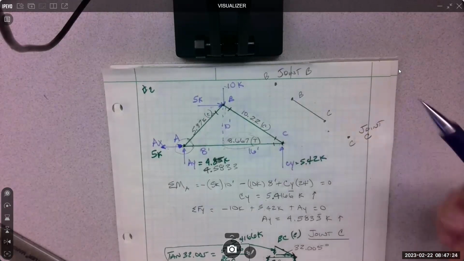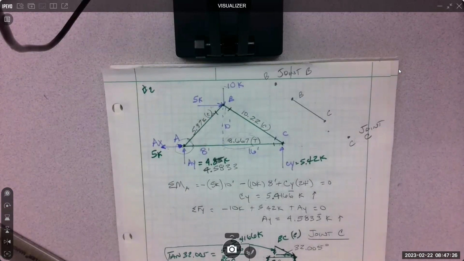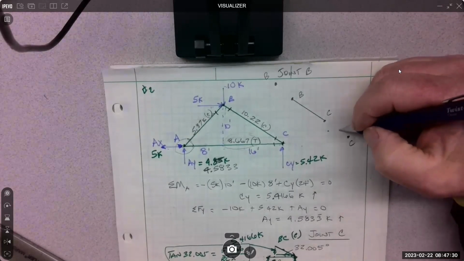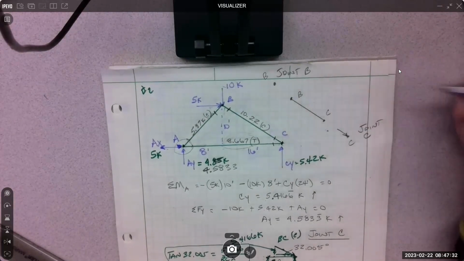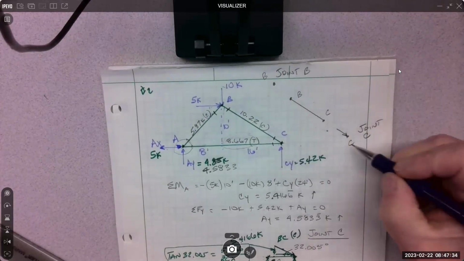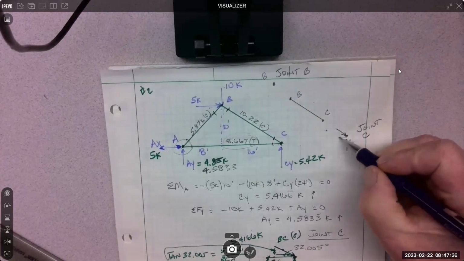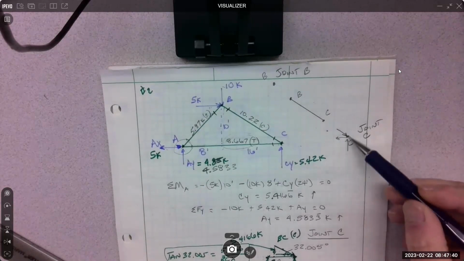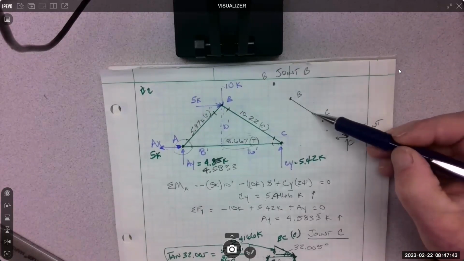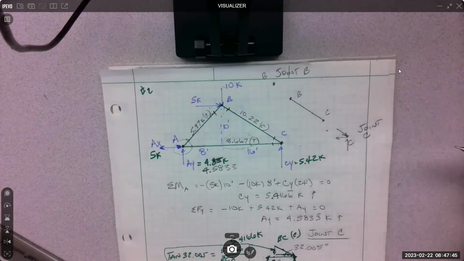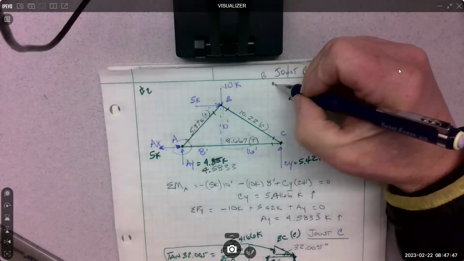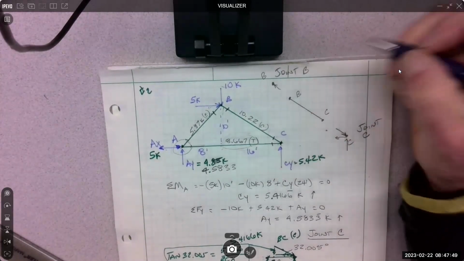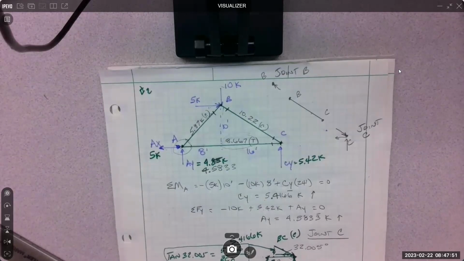Everyone good with that? And compression means the arrow, the vector, points into the point. So that means that this pointed in, right? And our little free body diagram of this looked like this, right? So here is our joint, and now this is the removed member. So that means it's in compression up there too, right? They point into the point, they're in compression.